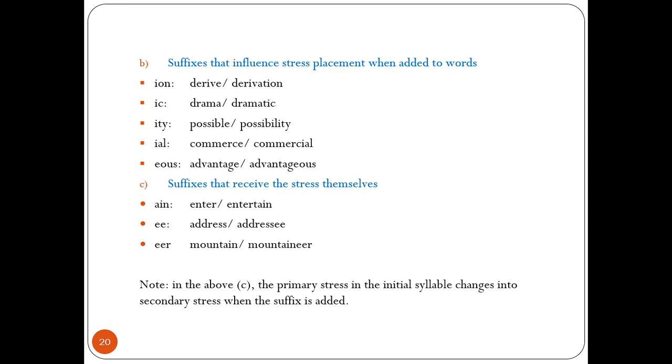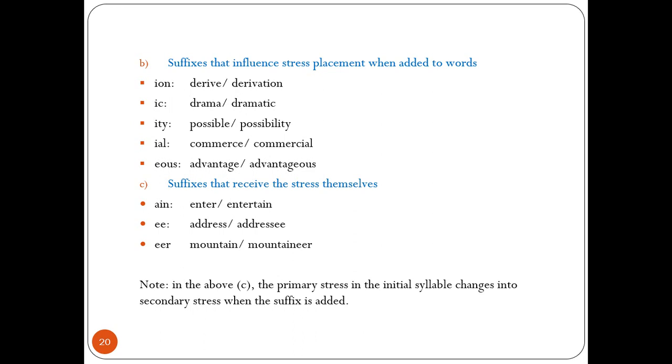There is a note in the above, suffixes that receive the stress themselves: the primary stress in the initial syllable changes into secondary stress. Keep this in mind. What does it mean? Look at the examples. Enter, it has two syllables, en and ter.